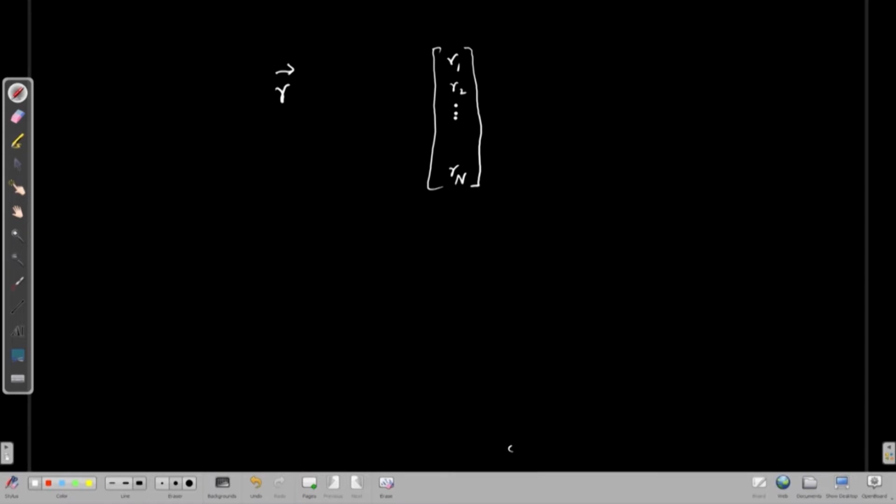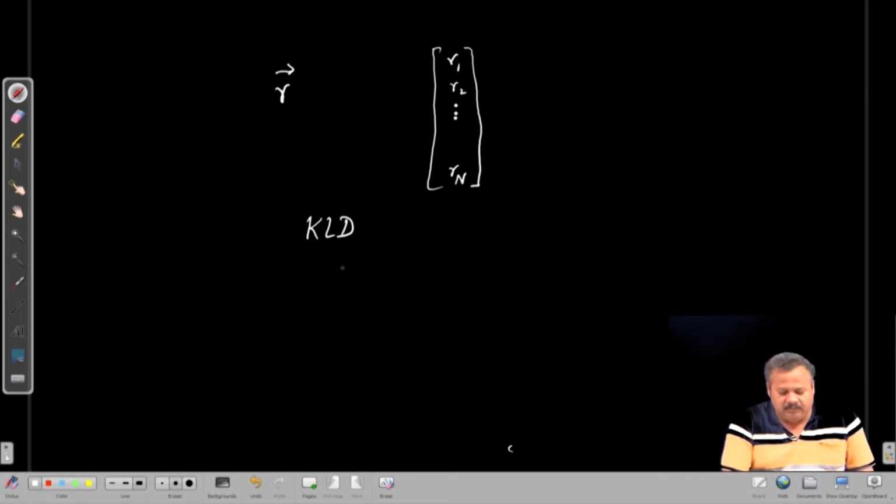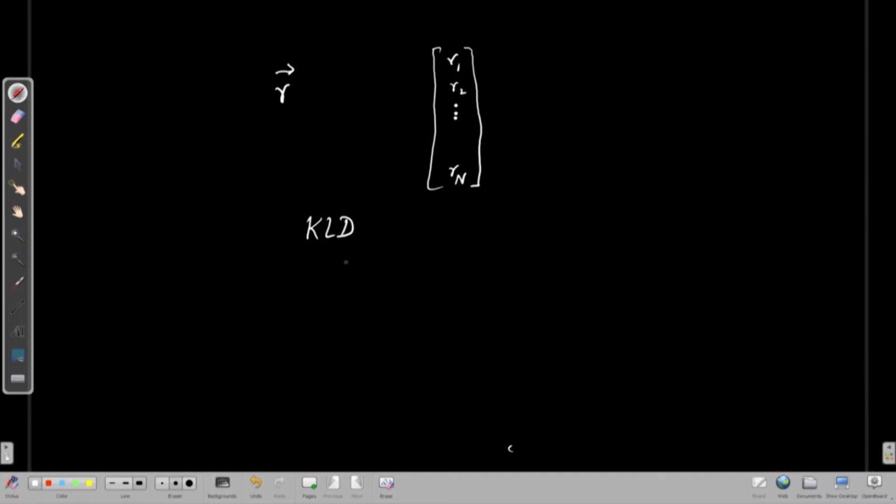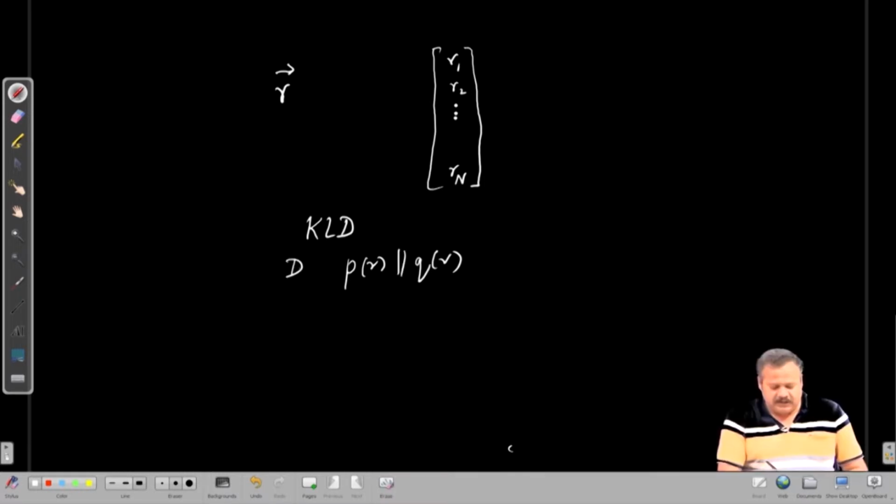Similarly, for the discrimination approaches, we can start with the KL distance approach, which is the best case for the all information based discrimination. There also, if you remember, we were looking at the KL distance between two distributions, P of R and Q of R, in response to two different stimuli, and this is our DKL.